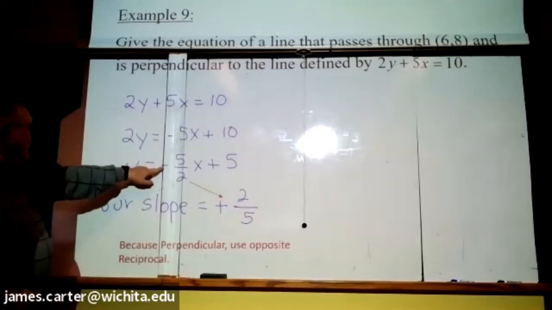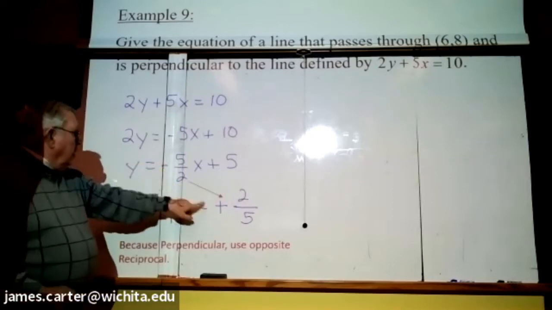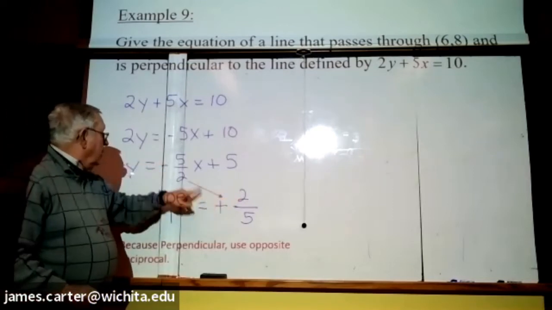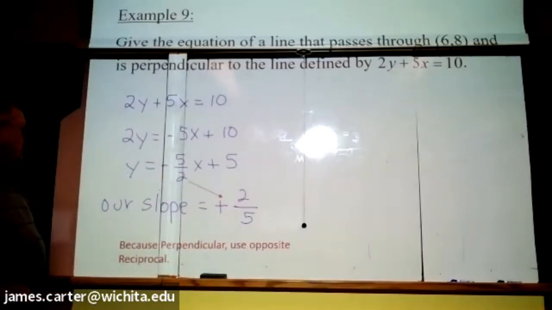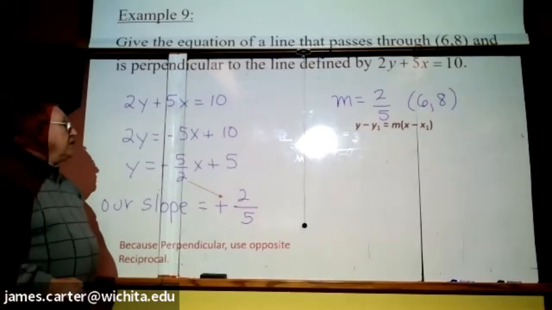So our reciprocal slope, change the sign and find the reciprocal, or the opposite reciprocal.